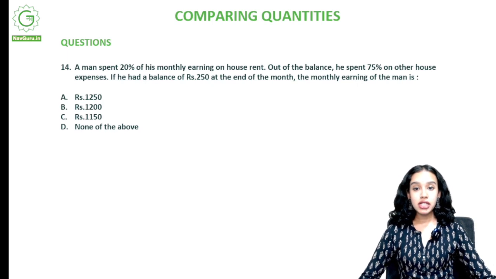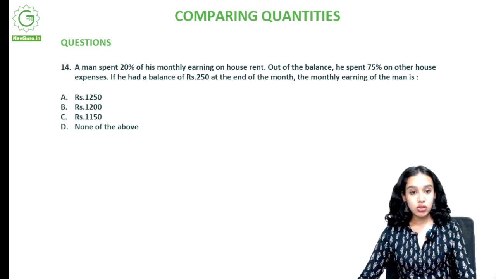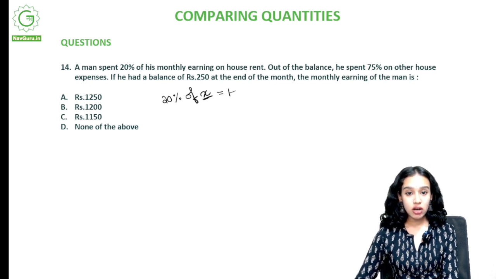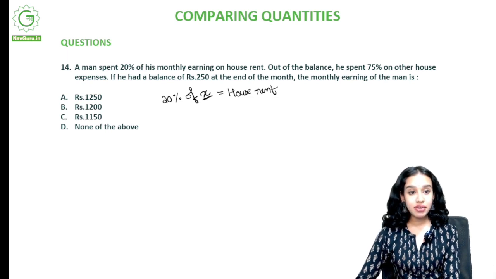So a man spends 20% of his monthly earnings on house rent. So a man is spending 20% of his monthly earnings, let's take it as X, on house rent. Out of the balance, he spends 75% on other house expenses.